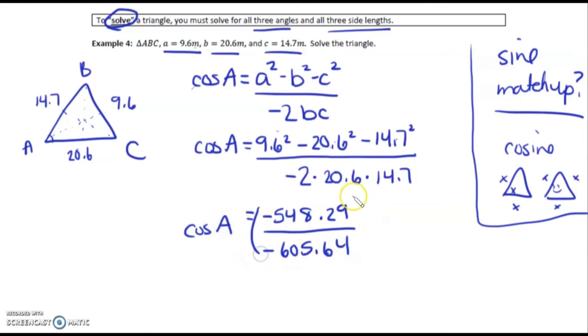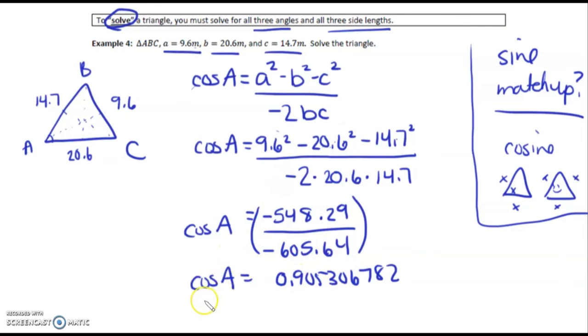Okay, let's actually solve for this fraction here. So negative 548.29 divided by negative 605.64, we get 0.905306782. I wrote all these down because I'm just going to leave it in my calculator.